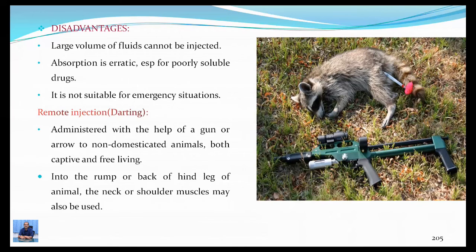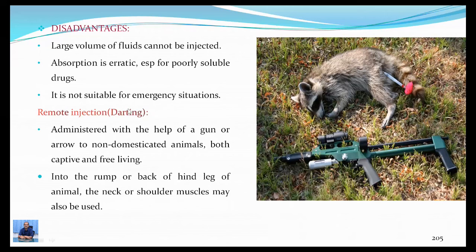And irritant drugs cannot be injected intramuscularly, and drugs which have a pH that is too acidic or alkaline are going to cause a lot of irritation in the muscles and are not suitable for intramuscular injection. And this route is not suitable for emergency situations. In an emergency situation, we have to go for the intravenous route.